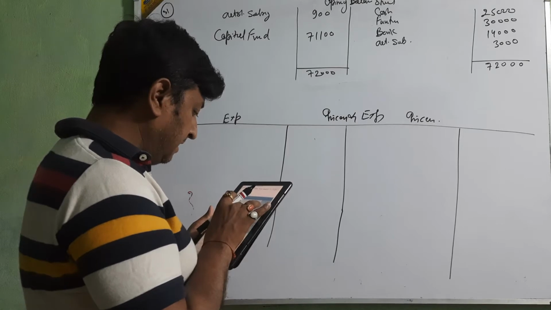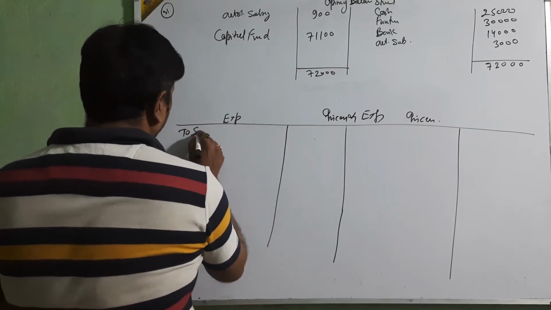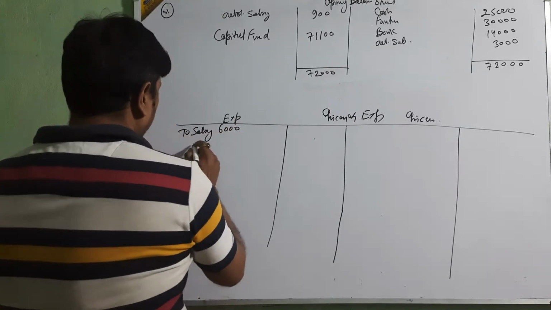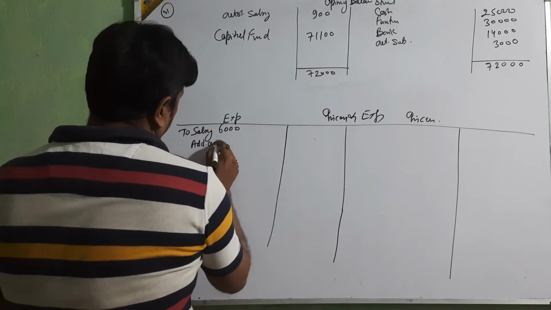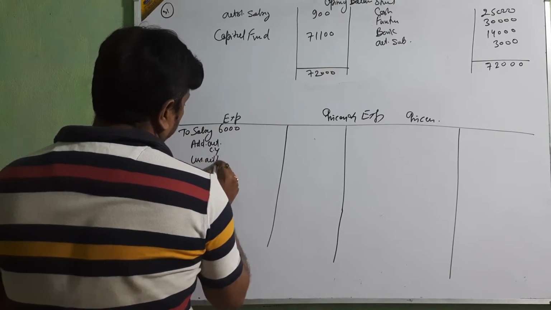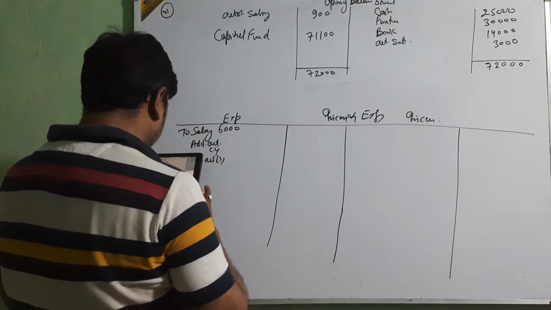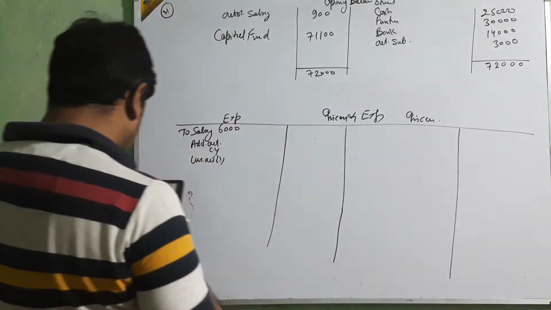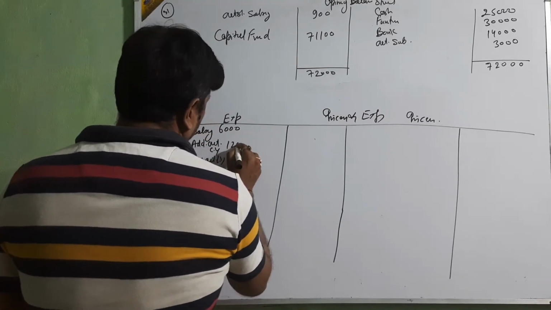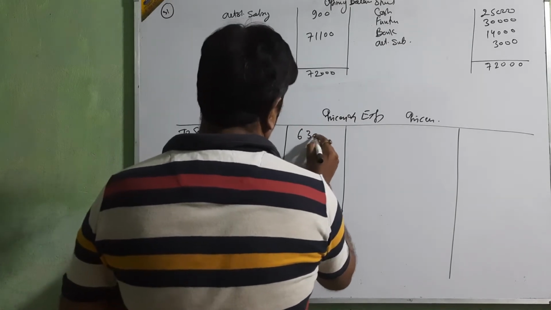Expense side, first is salary 6,000, add outstanding current year, less outstanding last year. Current year beta, just see outstanding number second in the additional information: 900 last year and this current year 1,200, then 6,300.